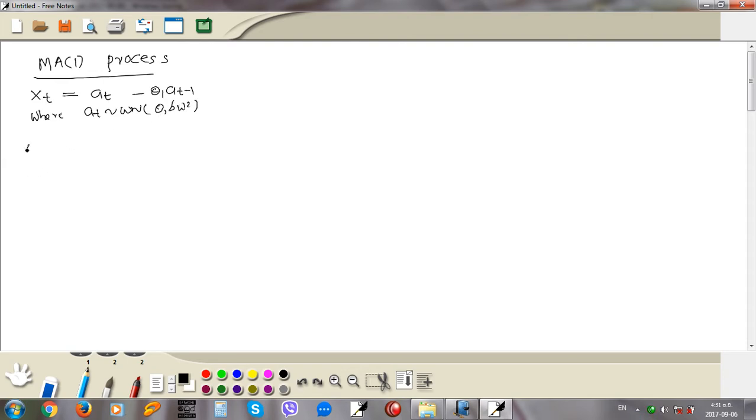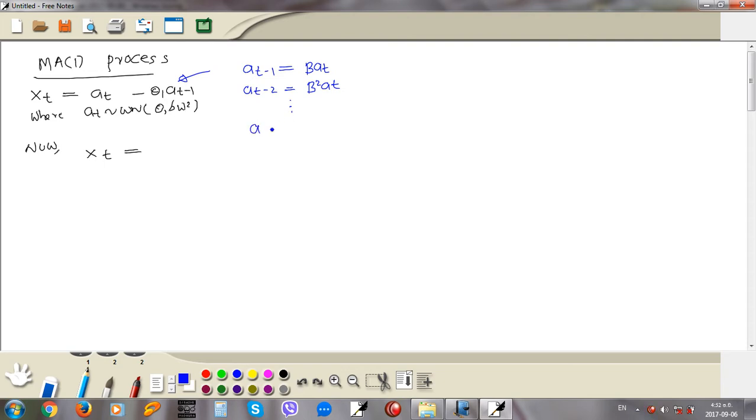Now, you know the backshift operator notation, B, you remember that, no? If this is a_{t-1}, we can write it as B times a_t. If a_{t-2}, we can write it as B squared times a_t. We learned those things.